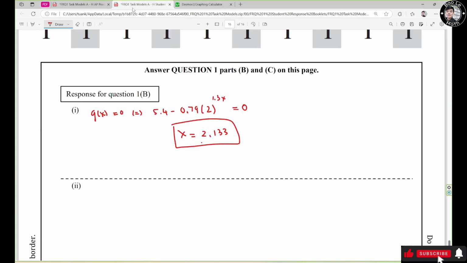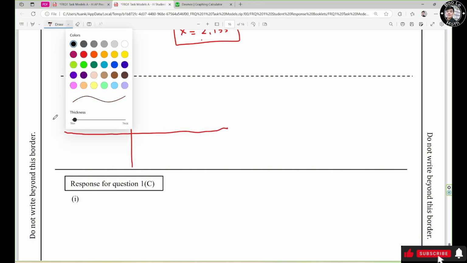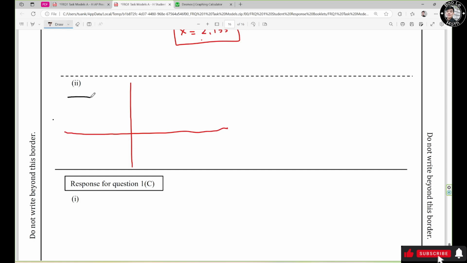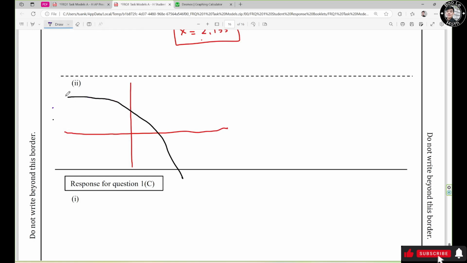Actually y equals 5.4 is the horizontal asymptote, so the graph should look like this, and the horizontal asymptote is y equals 5.4.